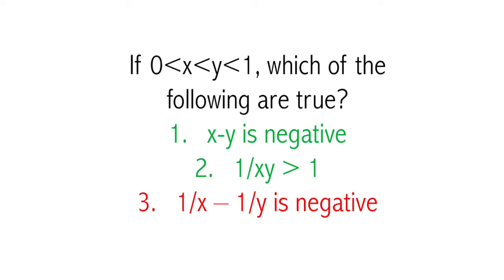When you multiply two decimal numbers between 0 and 1, you still end up with a decimal number, which is of course smaller than 1. Therefore the product xy will fit more than one time in 1, and therefore your answer has to always be greater than 1.